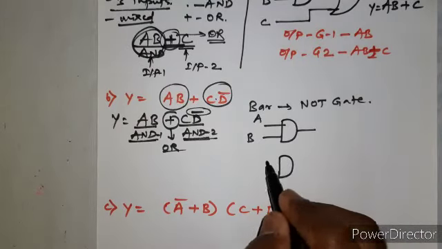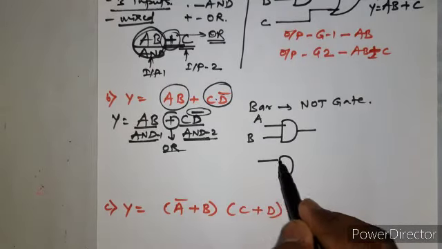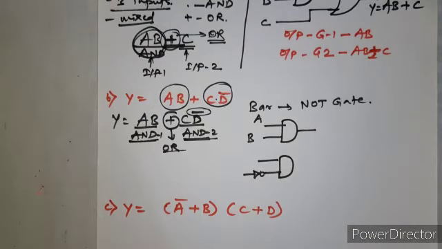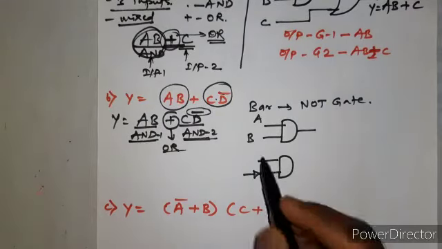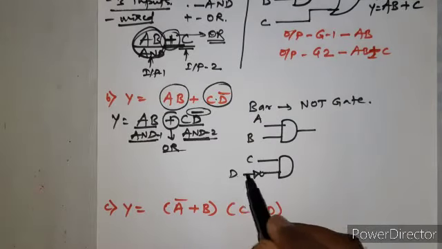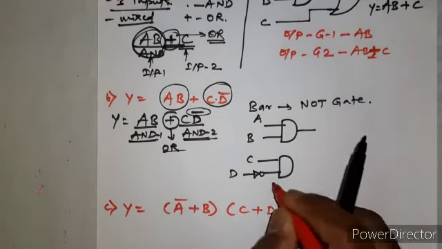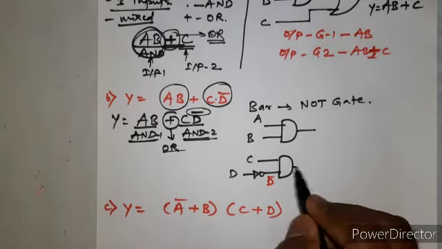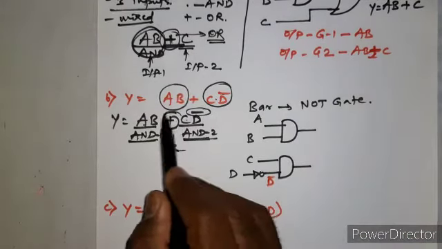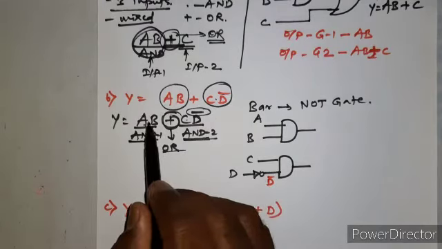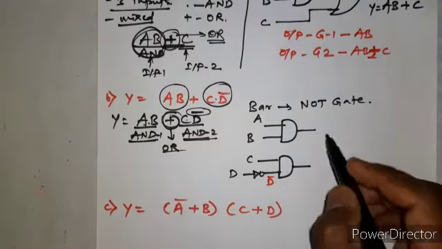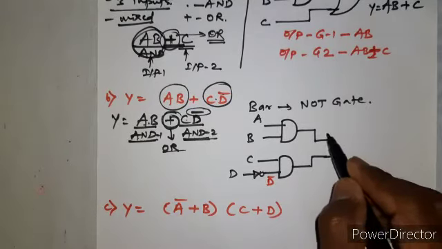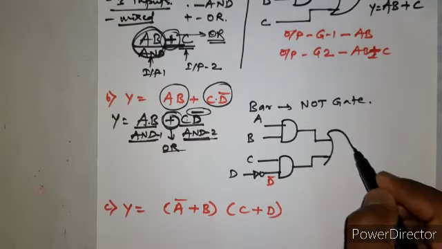C is directly connected and D is connected through a NOT gate. So this is C and this is D, which here becomes D bar. Then both of these are ORed, so I need to connect an OR gate here.